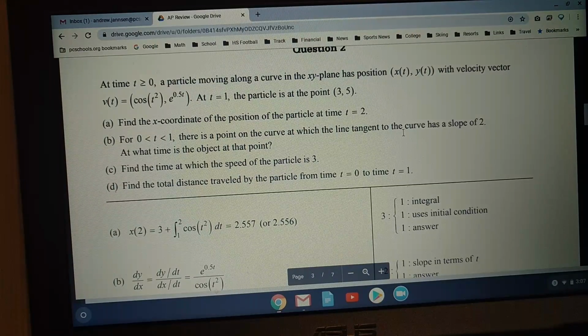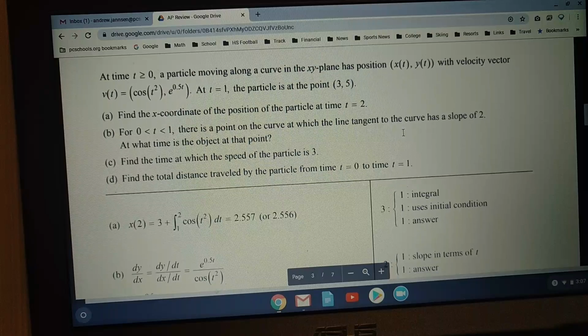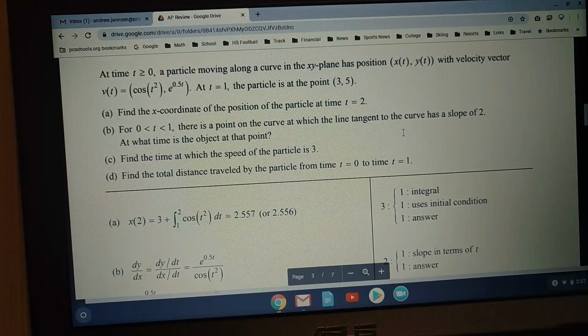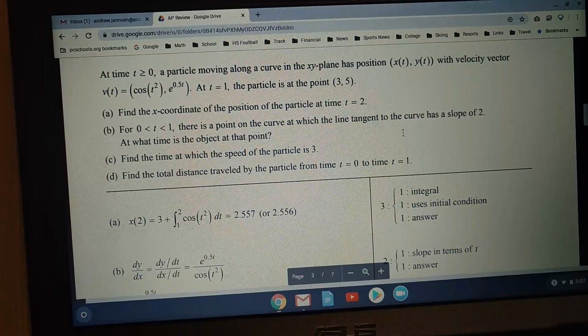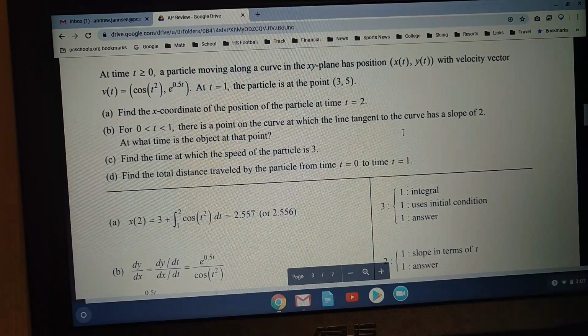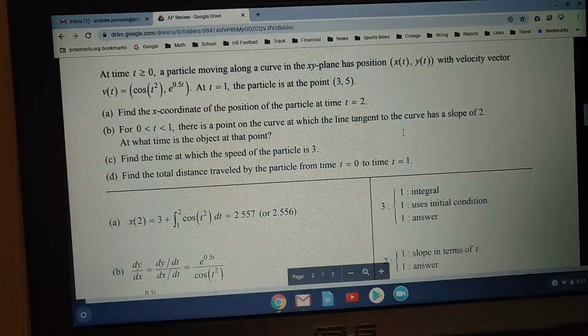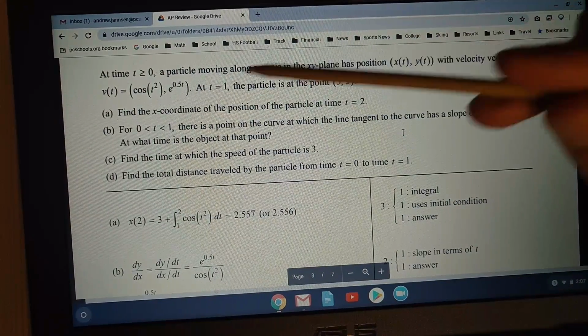So let's take a look at it here. First, we're given a formula for position, the vector equation there, and we're given a velocity vector. For part A, it says find the x-coordinate of the position of the particle at time 2. Well, we have velocity, so to find the x-coordinate, we must find the x position.